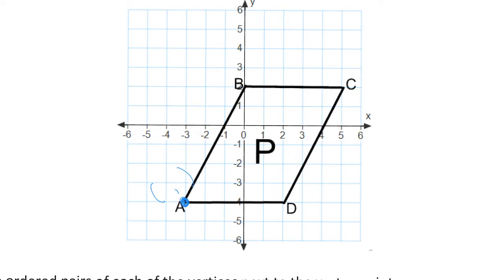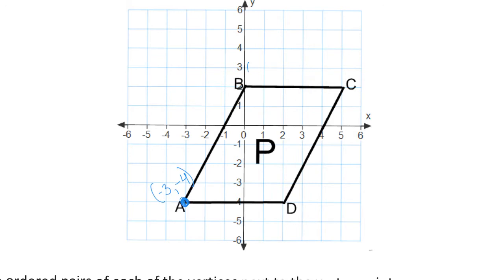So now I know that my x is -3. Then for my y, I go down 1, 2, 3, 4. So now I know my y is -4. And so now I know that the coordinate for A is -3, -4.